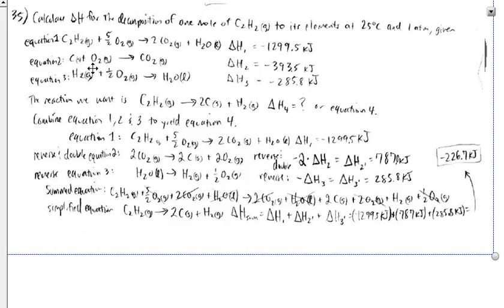In question 35, you're asked to calculate the change in enthalpy for the decomposition of 1 mole of C2H2 to its elements at 25 degrees Celsius and 1 atmosphere, and you're given the following equations. Equation 1: C2H2 plus 5/2 O2 gives you 2 CO2 plus H2O with an associated negative enthalpy change.